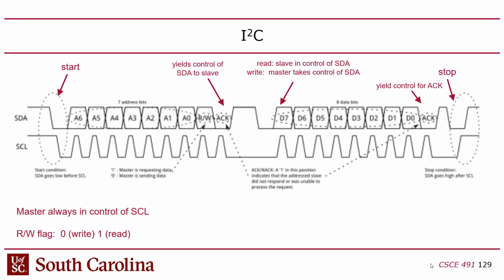Let's say the master is expecting some data back from the slave, and the slave is not ready. It's like, I got to drag this out a little bit. Not ready, right? The slave can actually drive the clock low, so when the master tries to pulse the clock, it doesn't work.